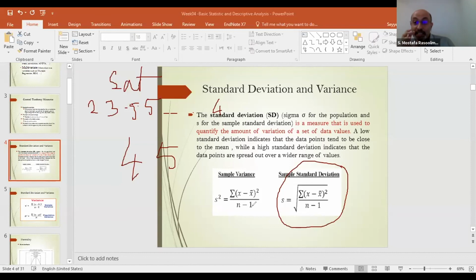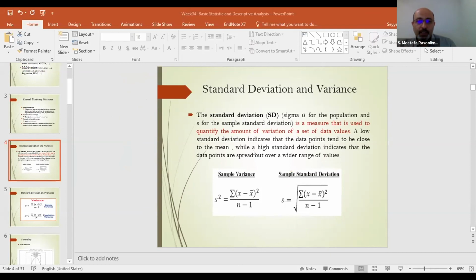Variance refers to the variation of answers for one specific variable, so you can see the amount of variation of a data set: the level of variation, changes and differences between different answers. Okay, so this is the concept of standard deviation and variance.